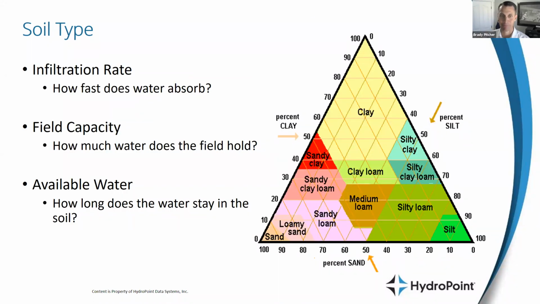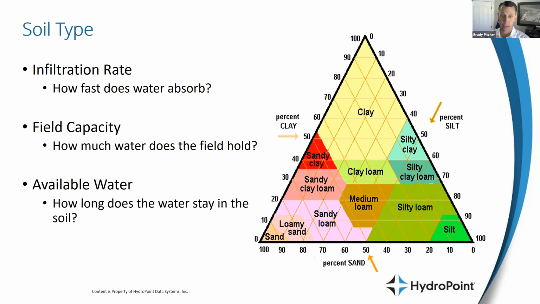Perfect, thank you, Ben. So infiltration rate on sand, water travels through sand very quickly, whereas clay holds that. And speaking of holding it, that field capacity, something like a clay soil has a much larger field capacity, holding capacity.